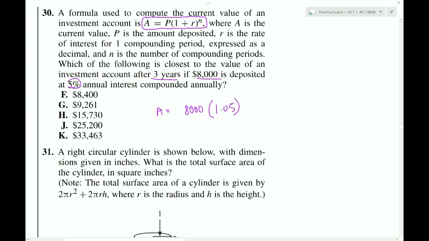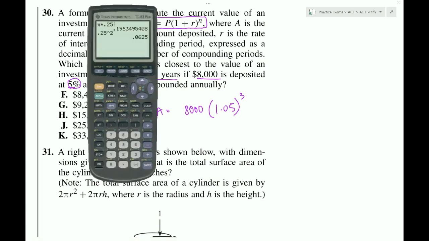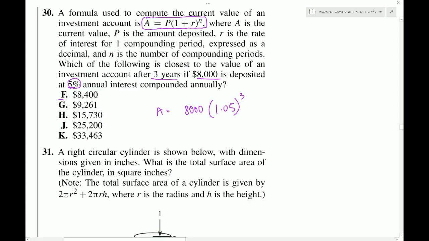Because 5% decimal equivalent is 0.05. Tack that onto 1, and we do that 3 years, right? Calculator. So 8,000 times 1.05 to the third, 9261.